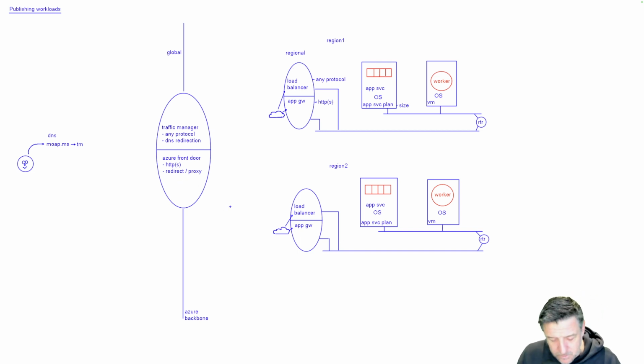But also one of the nicer things that both Azure Front Door and Application Gateway support is that you can optionally add a web application firewall policy to it.